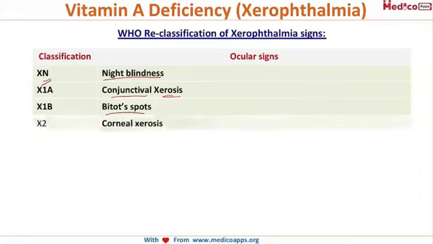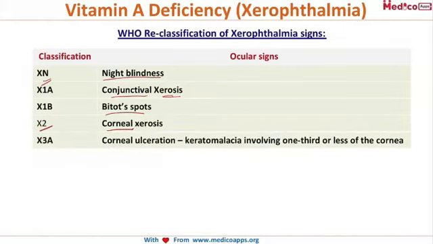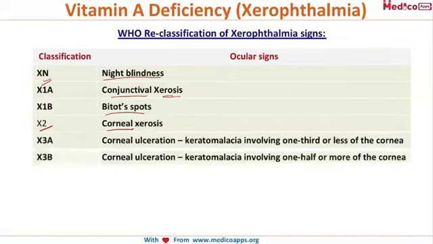Now the cornea is starting to get involved as the disease is progressing. So X2 is corneal xerosis. X3A and X3B, let's look at these together. Both tell about corneal ulceration, that's keratomalacia.